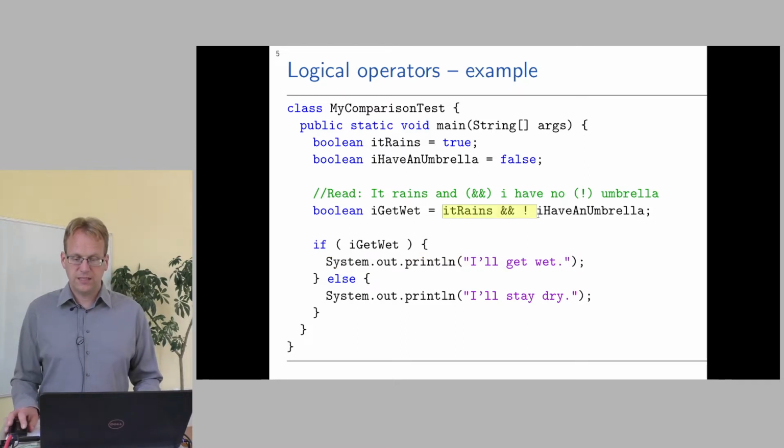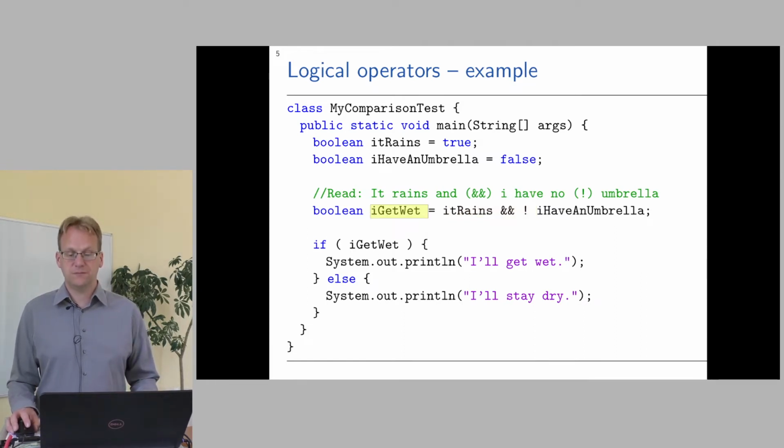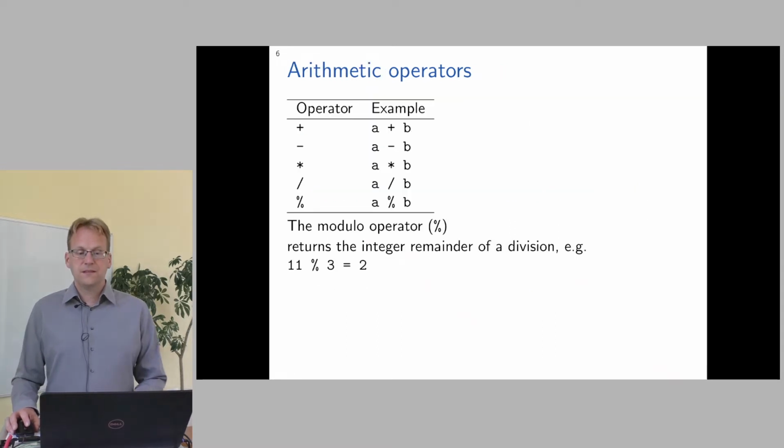Here we use logical AND and the negation to combine two Boolean variables, and the outcome is then another Boolean variable. Well, that's how to work with Boolean variables.